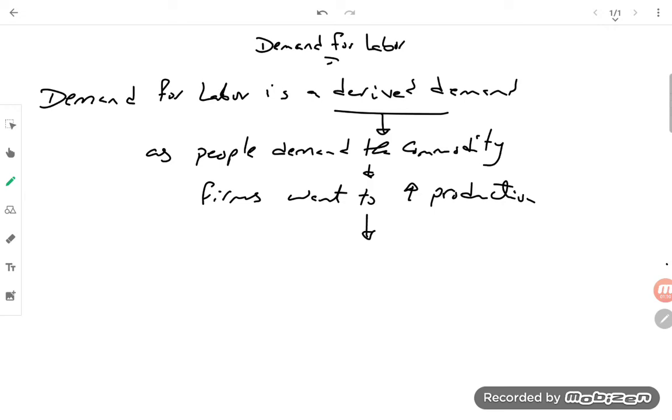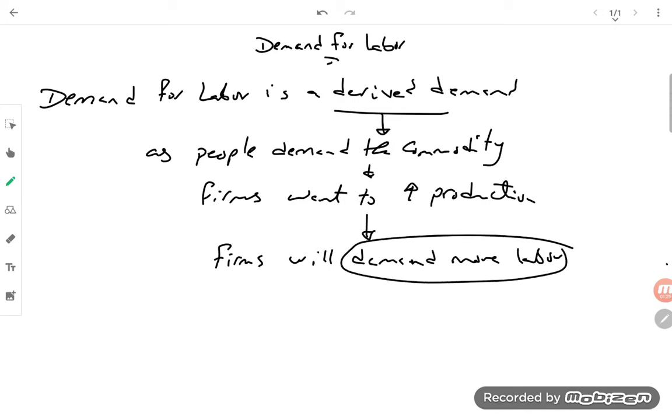As a result, firms will demand more labor. So this means that demand for labor is derived from the demand of the commodity itself.